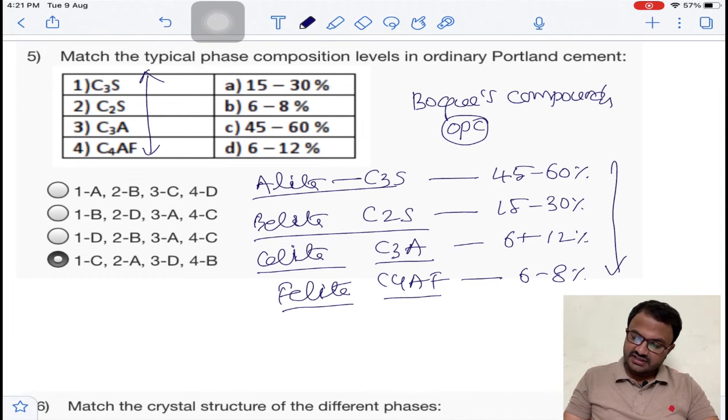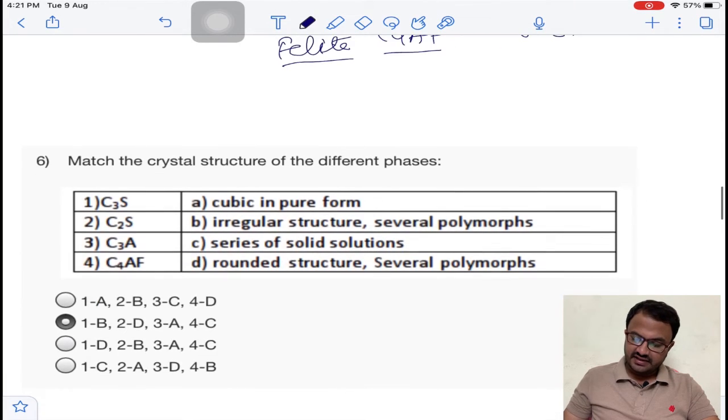So these are their percentages: which compound constitutes how much percentage in cement after the raw compounds react with water. So for question number 5, the answer is D.